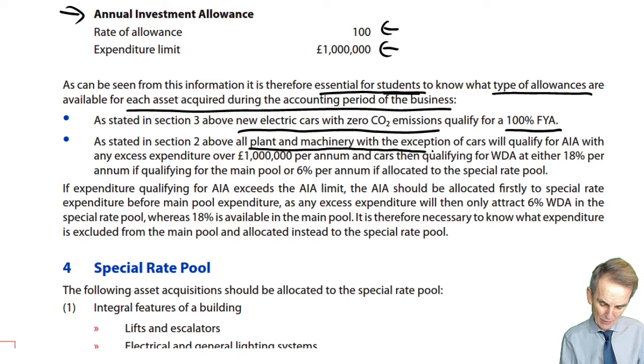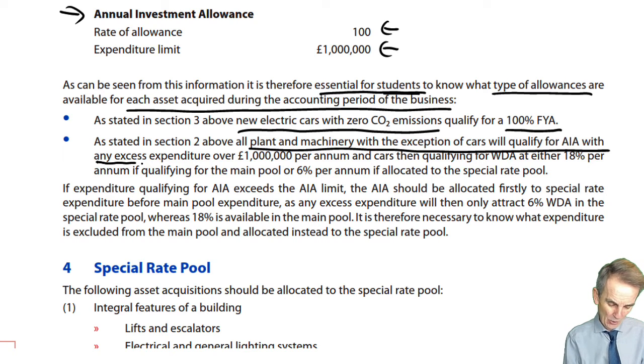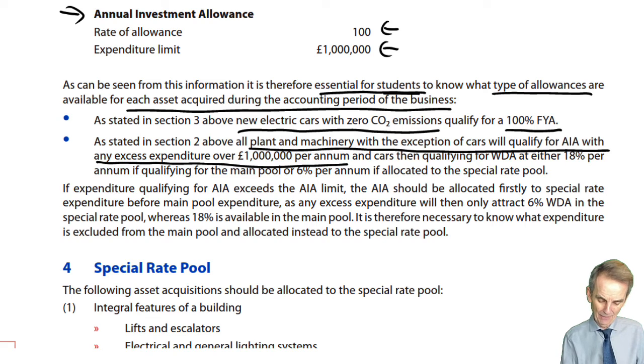Otherwise, plant and machinery, with the exception of cars, will qualify for AIA, with any excess expenditure over £1 million per annum, and cars, then qualifying for writing down allowance. As we know, that is at either 18% per annum if it's main pool, or 6% per annum if it's special rate pool.